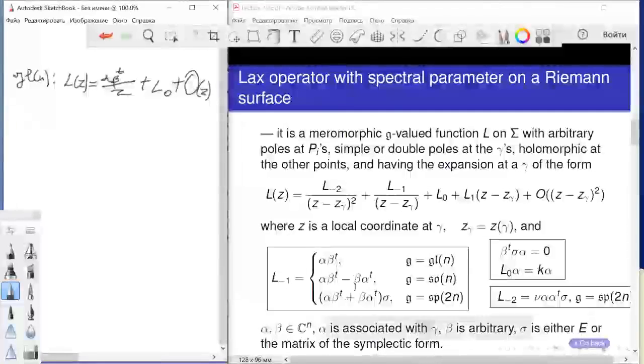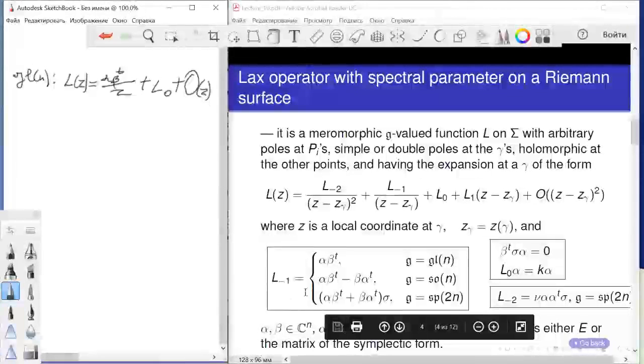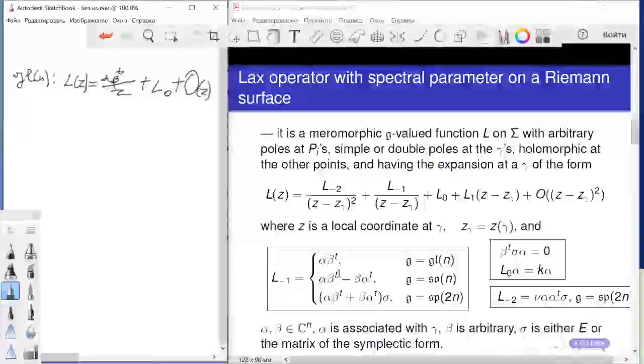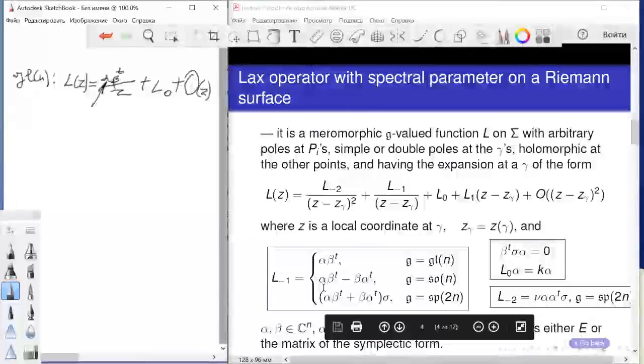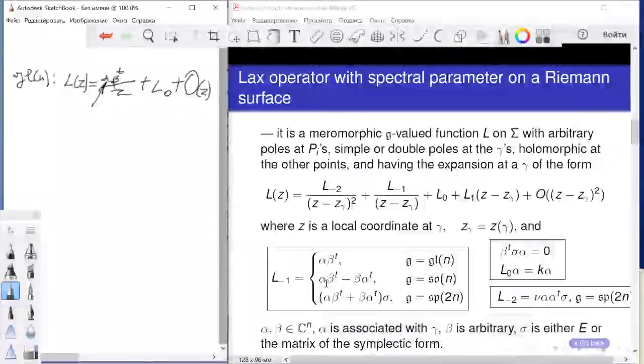Now, for the Lie algebra of skew-symmetric matrices, we take the simplest skew-symmetric matrix, which can be formed from two vectors, namely alpha beta t minus beta alpha t, and put it here.